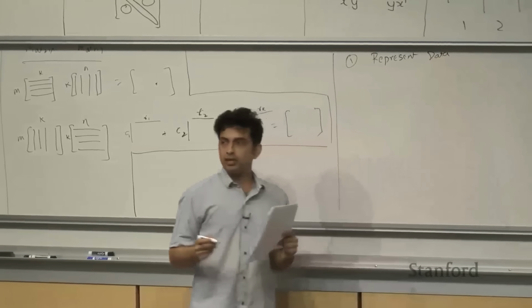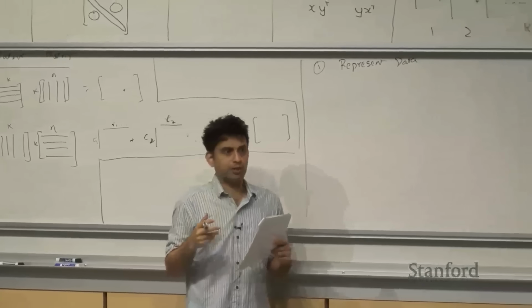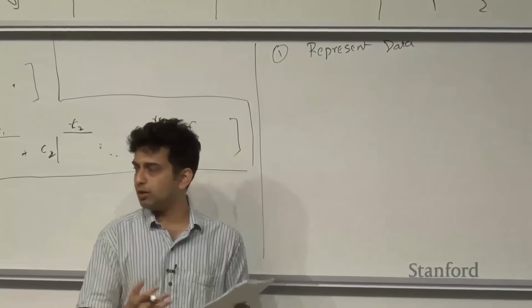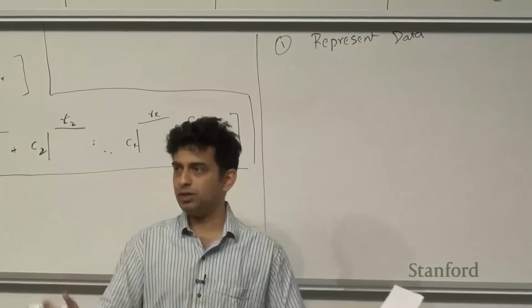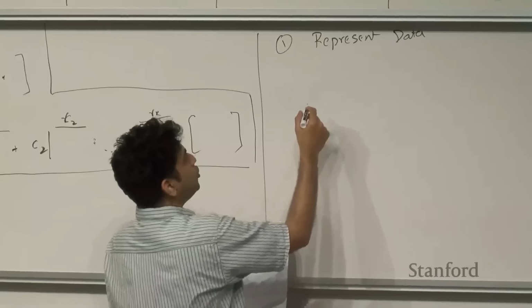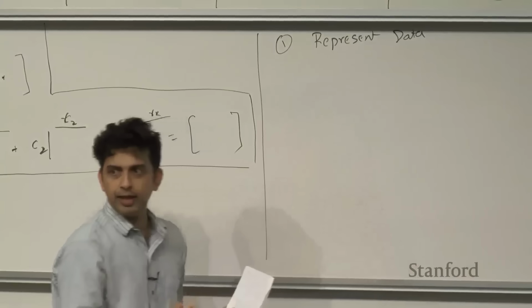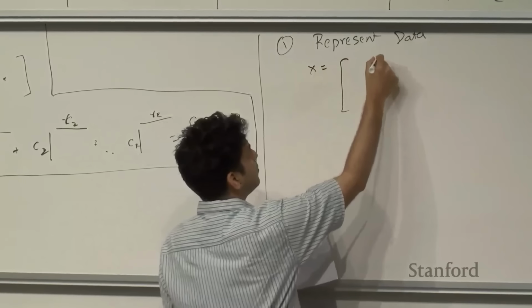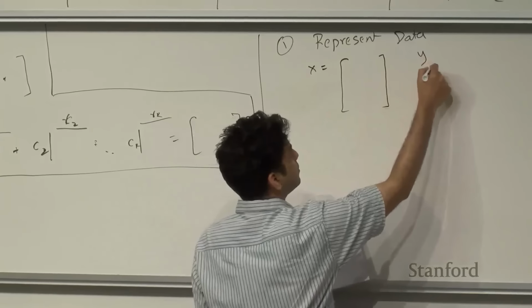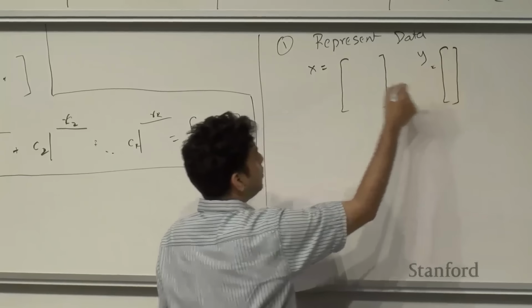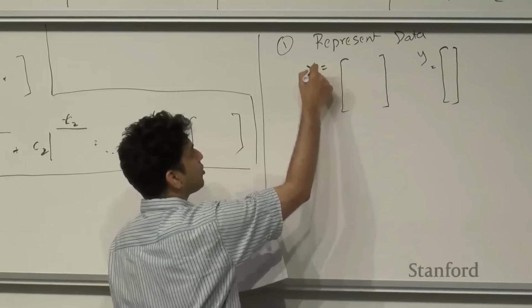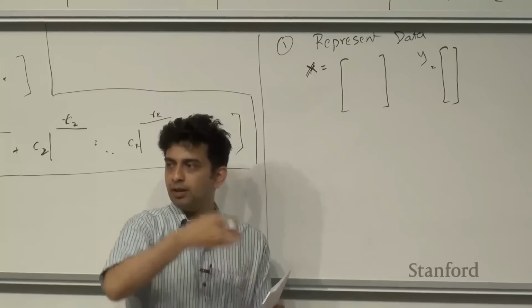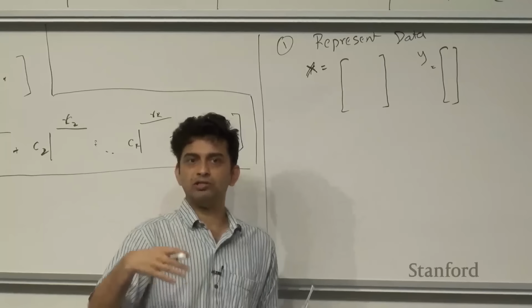So suppose in a supervised learning setting, let's say you want to predict the price of a house, and the inputs that you're given are things like the number of bathrooms, the number of bedrooms, the area, etc. You would then represent your training data as X, also called the design matrix, where each row is a different example, and the columns correspond to what are also called features.